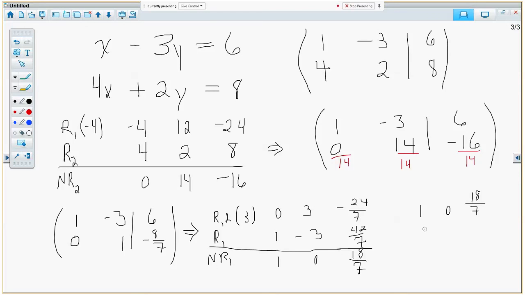And 0, 1, and negative 8/7. It's the same method every single time.